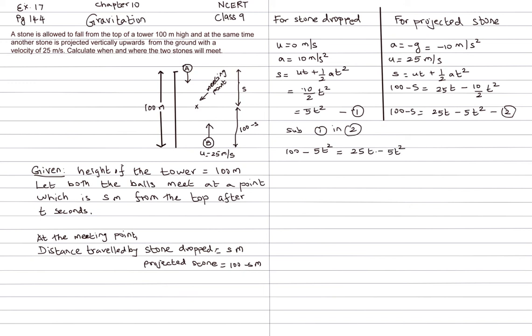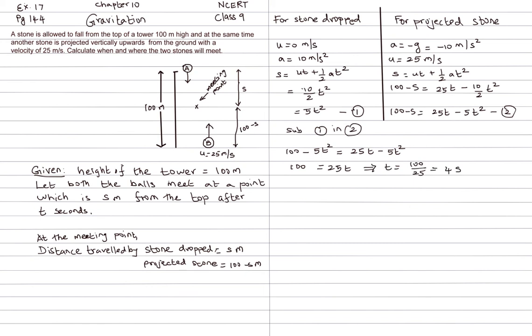Both sides, minus 5t square can be cancelled. So it will be 100 is equal to 25t. This implies t is equal to 100 by 25, which is equal to 4 seconds.